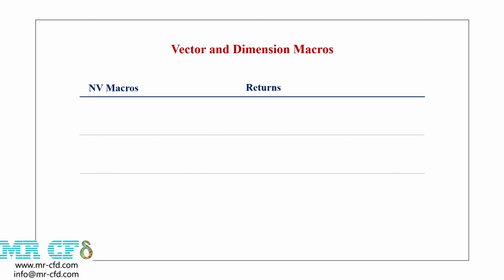Now let's examine NV macros. The NV_V macro performs a mathematical operation on 2 vectors. It means that the different components of 2 vectors are equal to each other, so that the first element of the vector is equal to the first element of vector x, and other components do the same.